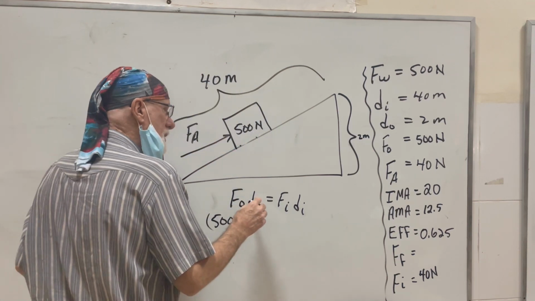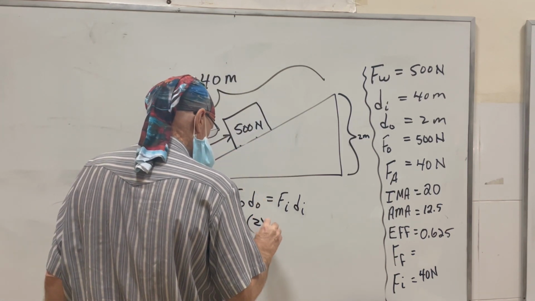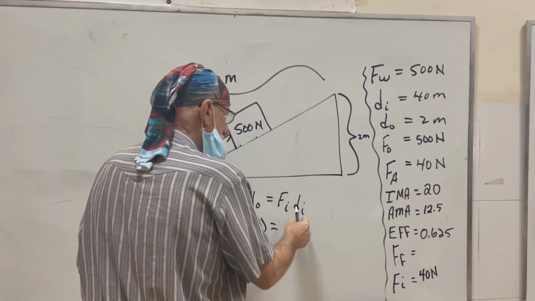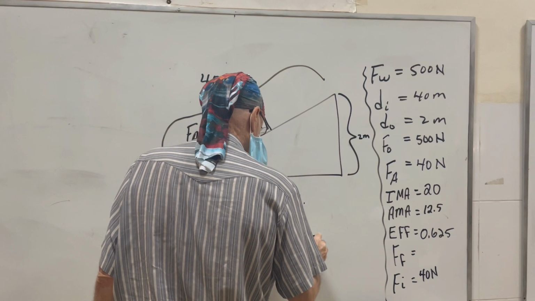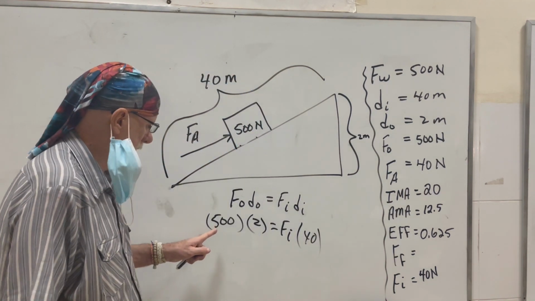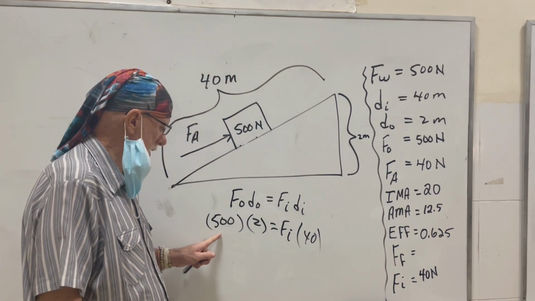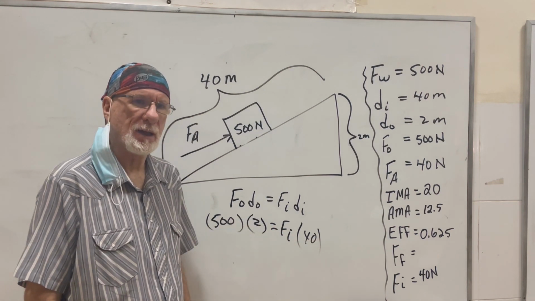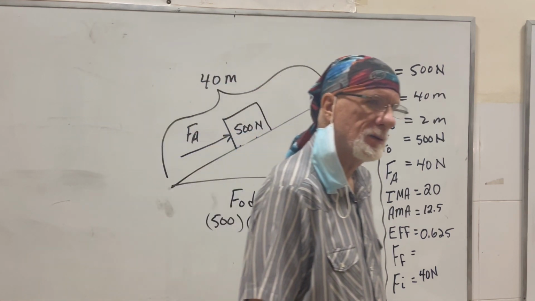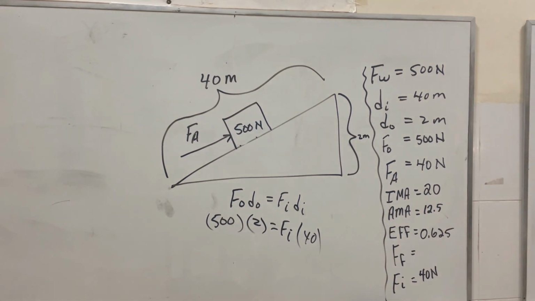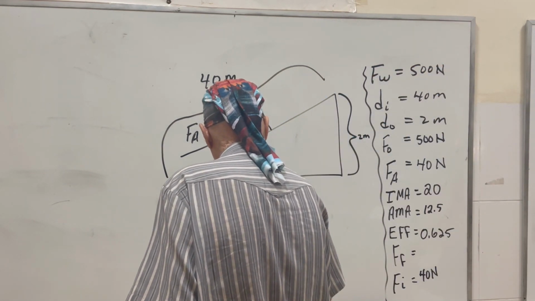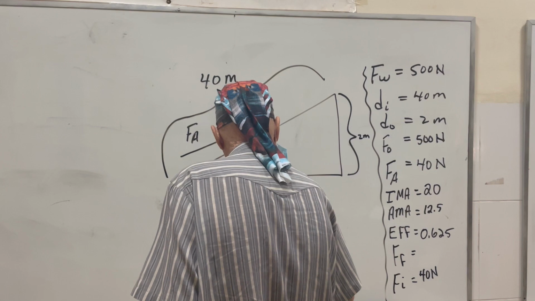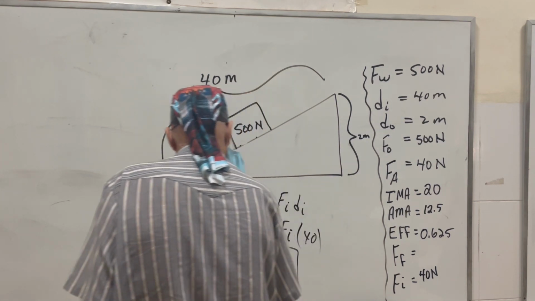Everything's going to work out. The DO is going to be 2, and the DI is 40. So what is 500 times 2 divided by 40? What do we got? 25. Okay. So Fi equals 25 newtons. All right, that's ideal.